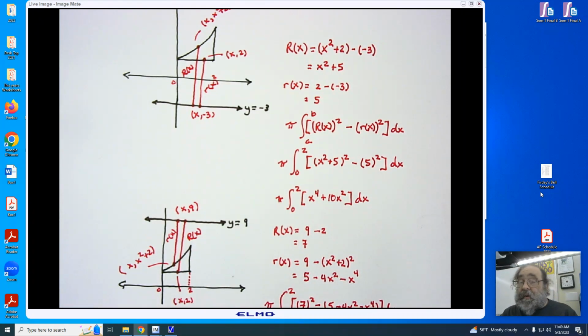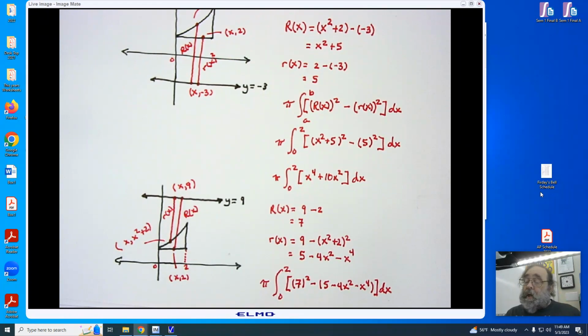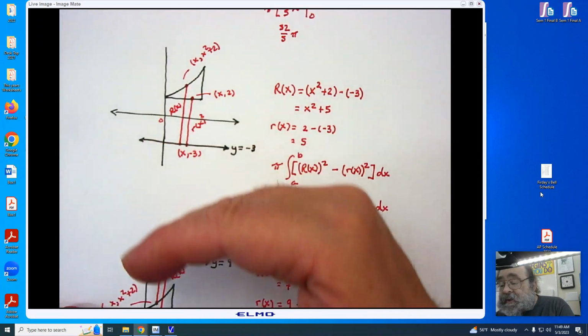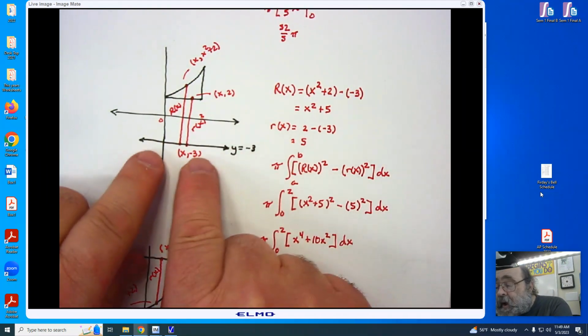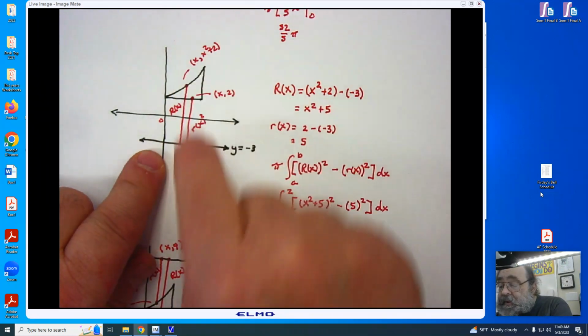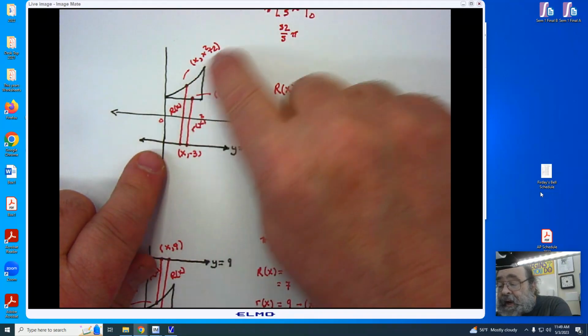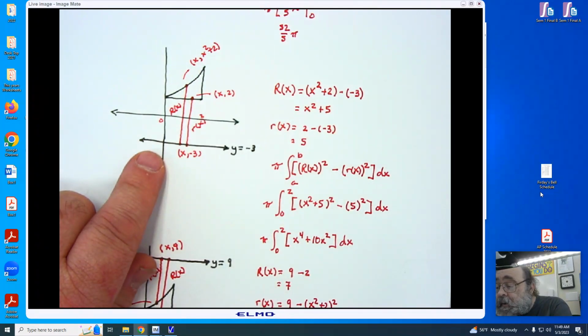Now let's make a couple of notes and some observations, because I'd like you to compare these two formulas. Do you see how the axis of rotation is down below? When it's down below, your upper minus lower creates this quadratic as the upper equation.